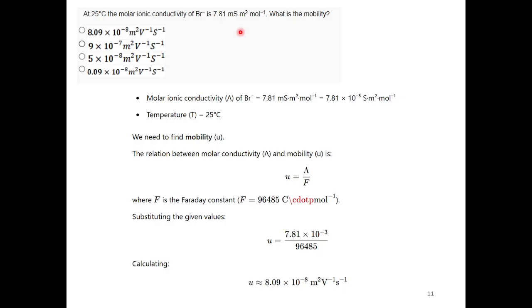So overall you are getting mu equal to 8.09 into 10 to the minus 4 centimeter square per volt per second. So this is the mobility of the solution, right?